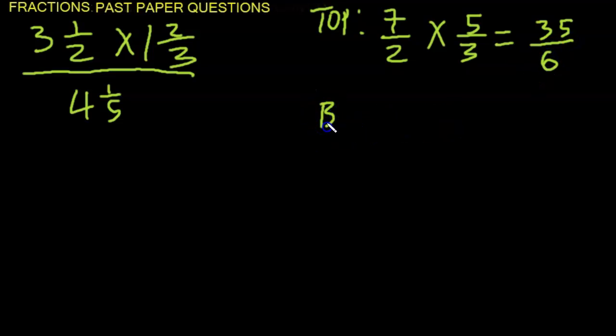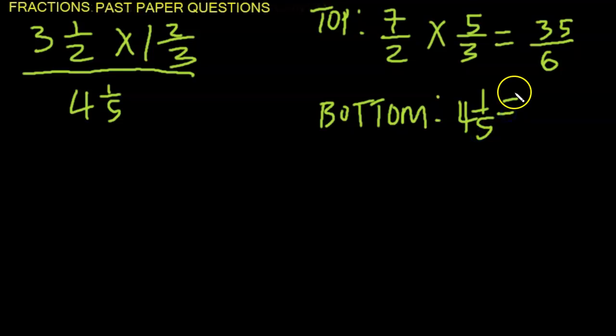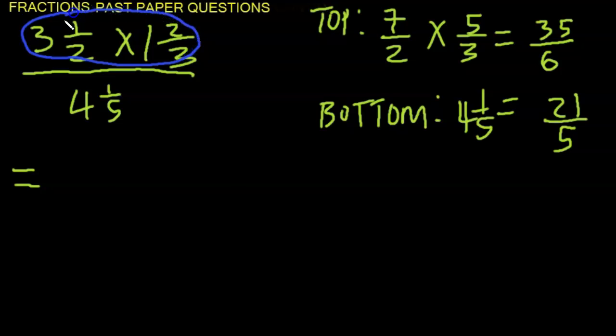And at the bottom there now, 4 and 1/5. That is equal to 5 times 4, 20, and 1, 21 over 5. So what I really have here now, everything at the top worked out to be 35 over 6, divided by everything below, which worked out to be 21 over 5.